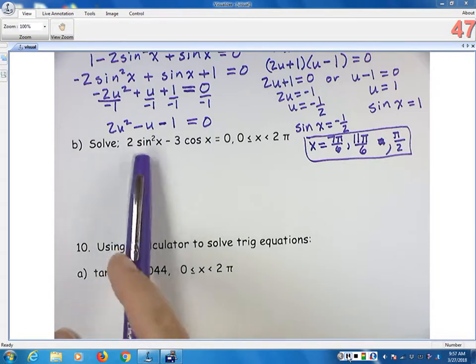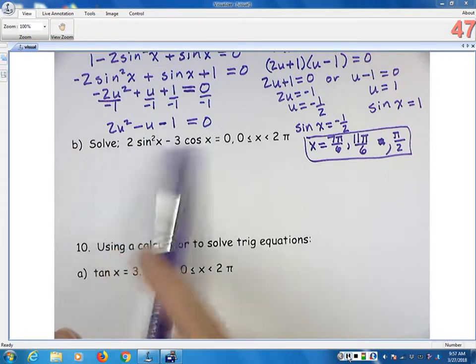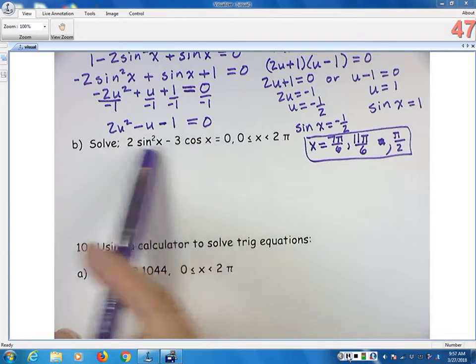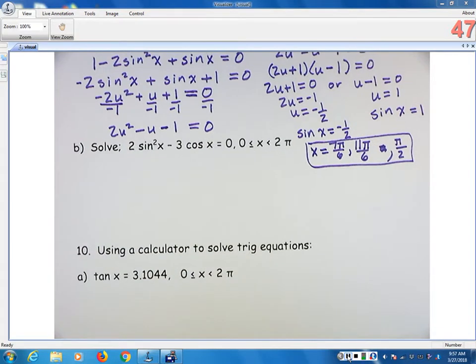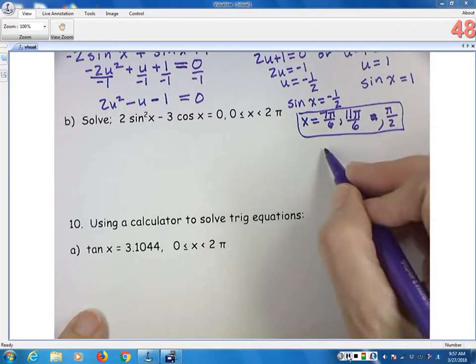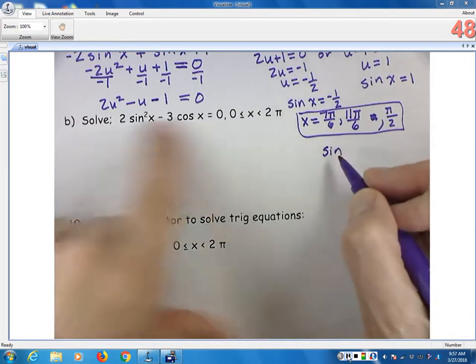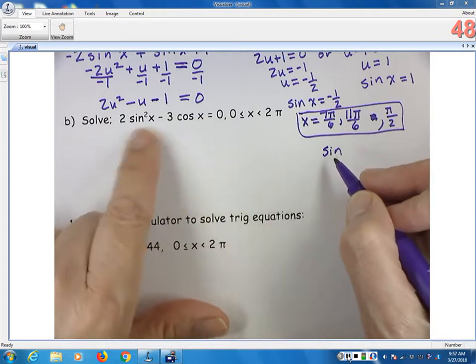Okay, we want it all in terms of cosine. This is one way to do it. Do you see an identity? Yeah, we can use the Pythagorean identity. I'll write it over here. We want to write this all in terms of cosine to solve it.